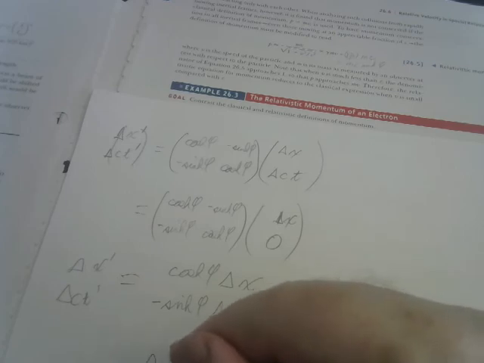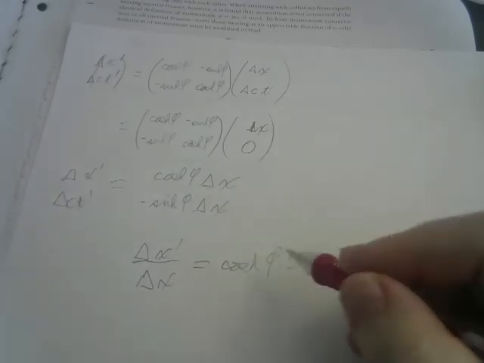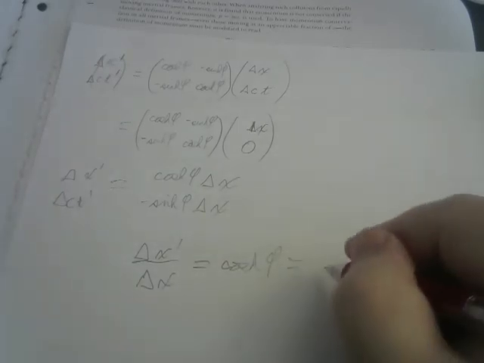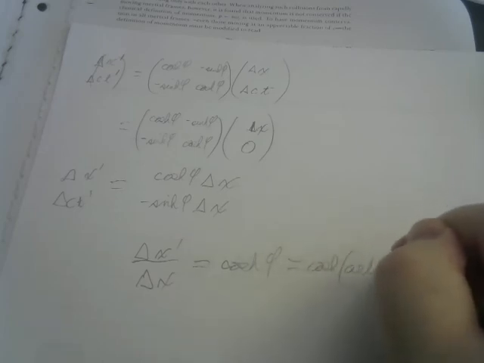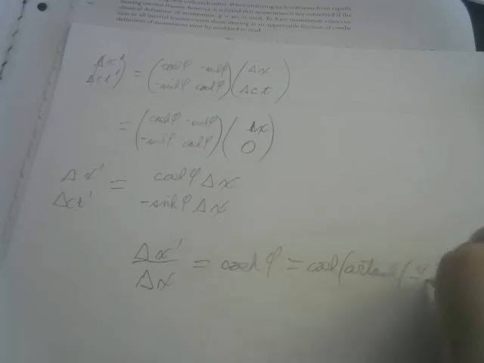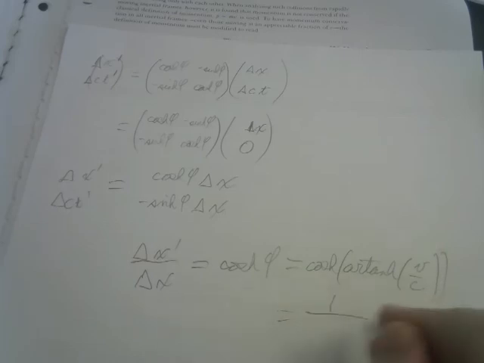So delta x prime over delta x equals cosh phi, which is cosh of arctanh of v over c, or as more commonly written, 1 over the square root of 1 minus v over c, quantity squared.